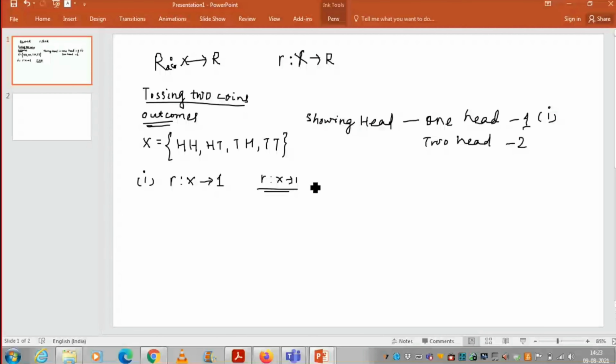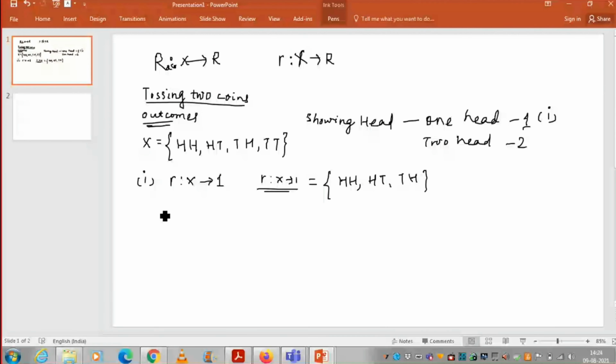That means when a head is coming, this is the first case, because two heads are also coming. One head means not only one head, one or more is also coming, at least one head. So HH, HT, TH, this is the set, and this set is the outcome.